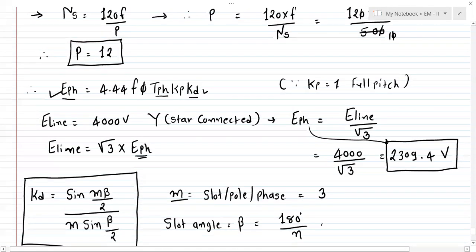Okay, so now KD is also known. What remains is turns per phase, TPH. Can anyone tell me how we can find the turns per phase?